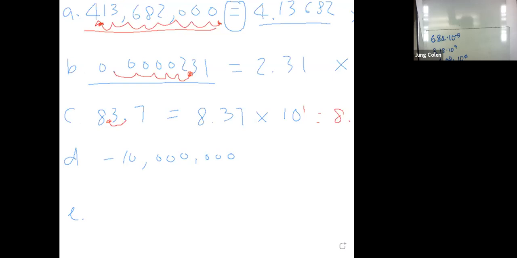What are we going to do with all of these spaces here? They are zeros. You're going to put placeholder zeros there. 0, 0, 0, 0. And the decimal point is here. So the answer is 0.0000684.